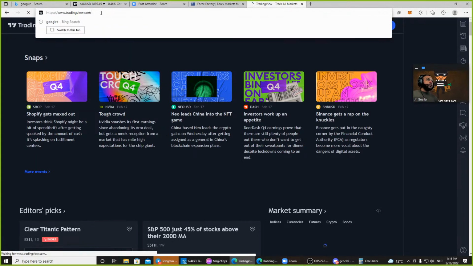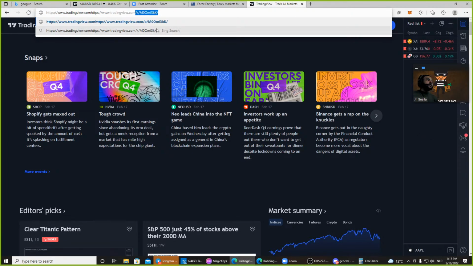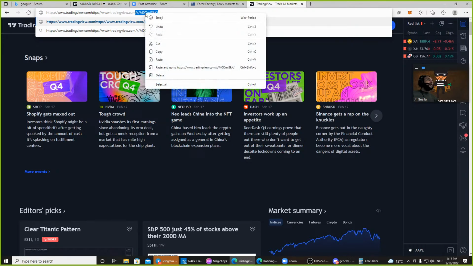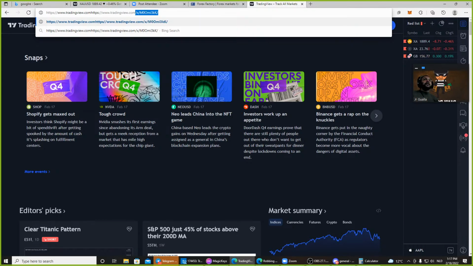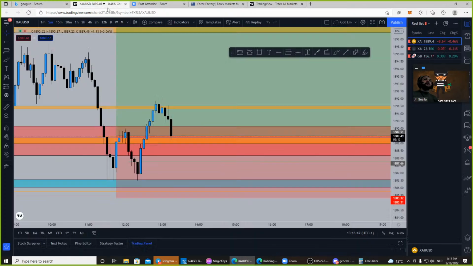Right, and then you need to paste it like that, and then you need to copy this part right here. Right, copy, and then send that in the chat. There you have it. Okay, yeah, send it again.